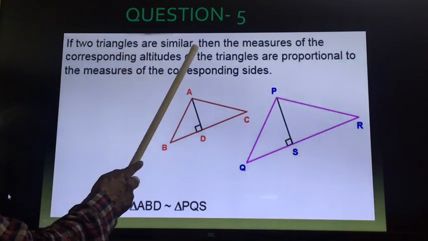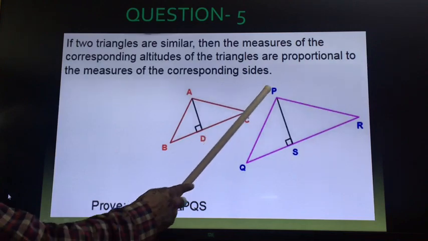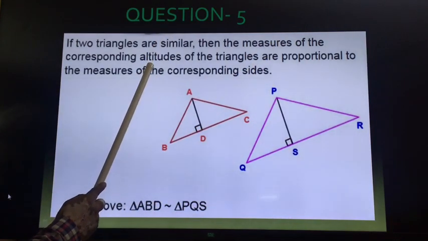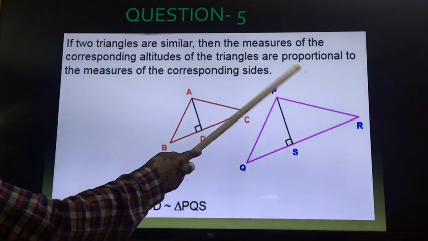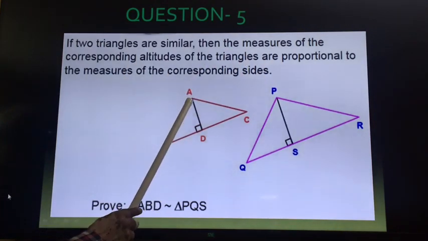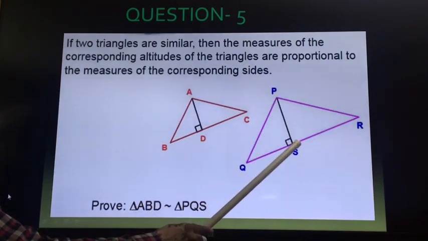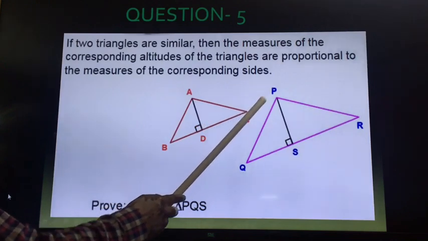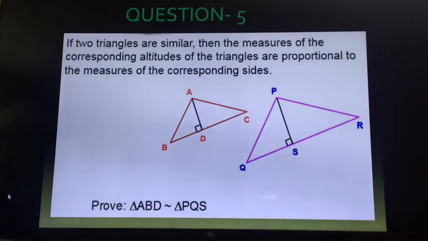If two triangles ABC and PQR are similar, then the measure of their corresponding altitudes are proportional to the measure of their corresponding sides. So in this case, AD and PS are the altitudes, it is given, and triangle ABC and triangle PQR are similar, given.